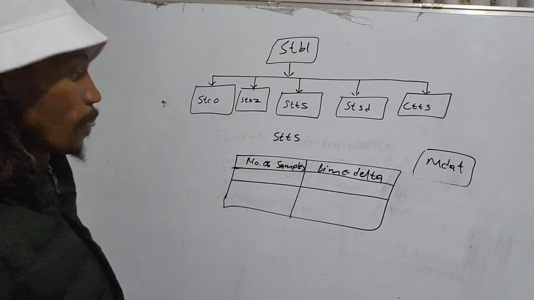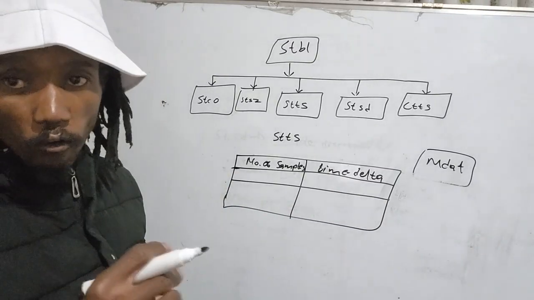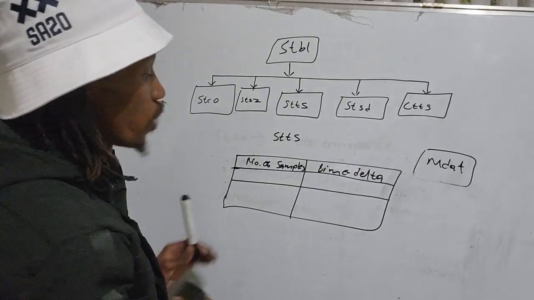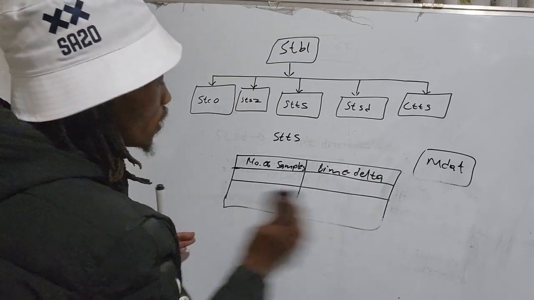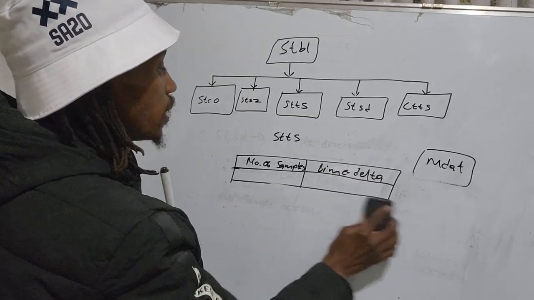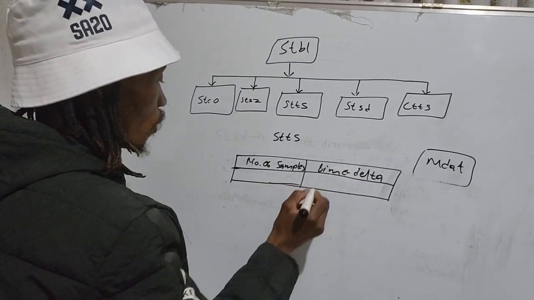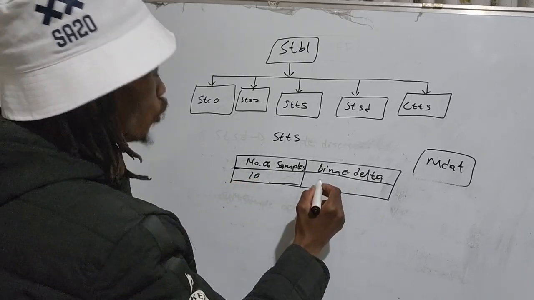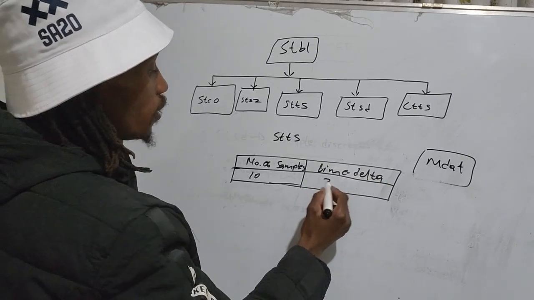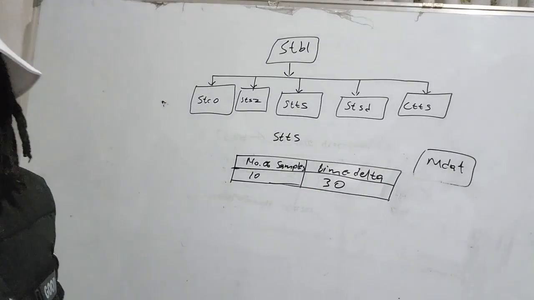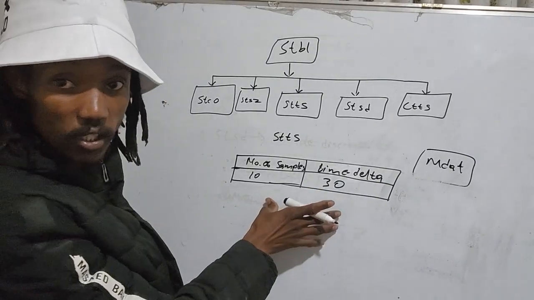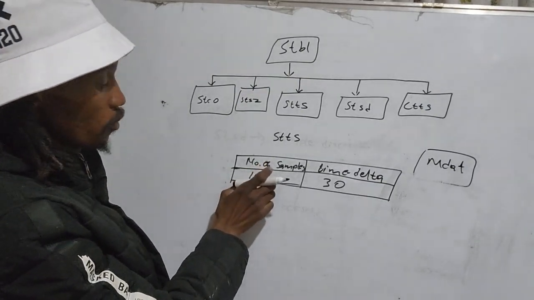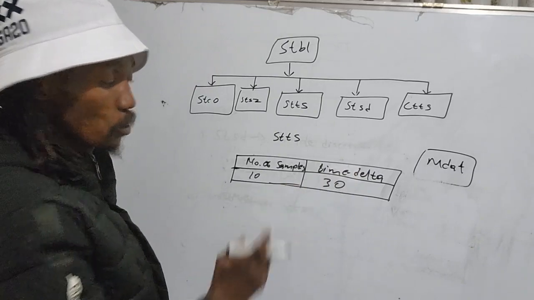So if all the samples in your file have the same duration, you're going to have a single entry. Let's say our file has a total of 10 samples, and all these samples have a duration of, let's say, 30. So here you only have this table. What this means is that we have a total of 10 samples with this duration.